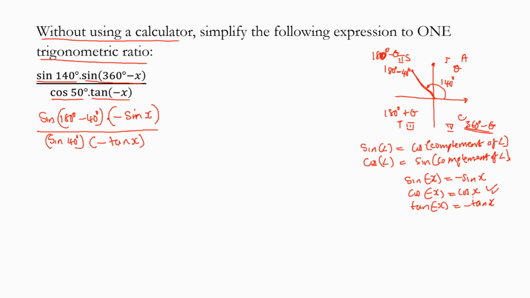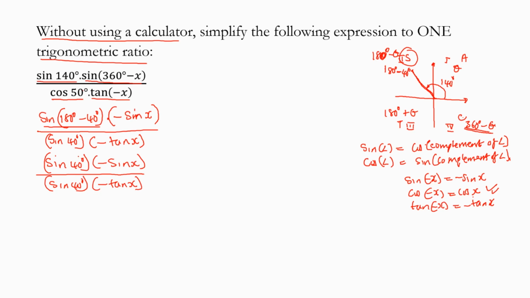Okay, right, let's reduce this one. We say that sine in the second quadrant is positive. So this is sine 40 degrees, right, times negative sine x, all this over sine 40 degrees times negative tan x.